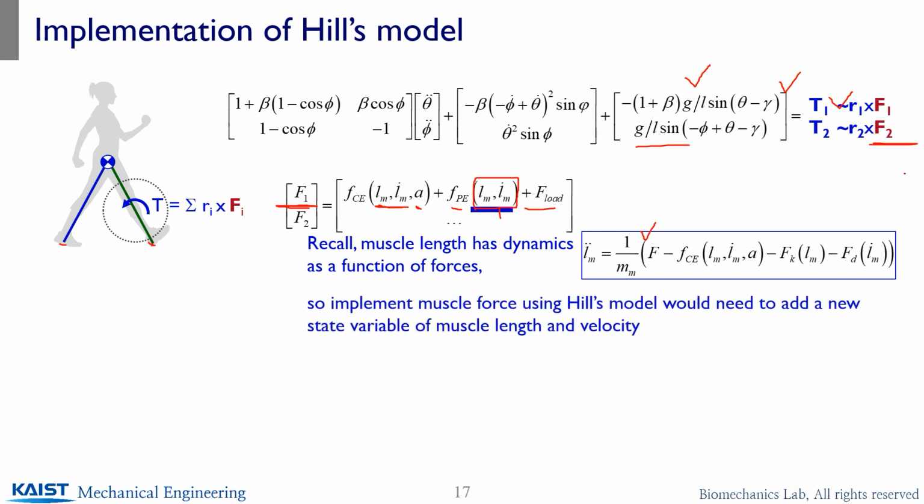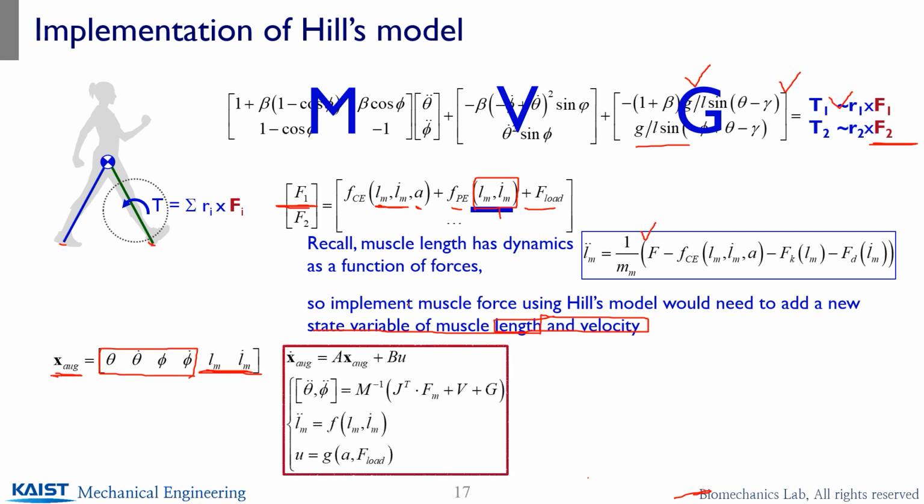So when you want to implement the muscle model using Hill's model, you should add a new state variable here: the state variables of muscle length and velocity. The augmented state variable includes not only your joint kinematics, it should also include the muscle length changes because it has its own dynamics. So for the equations of motion, you will have an augmented state vector.